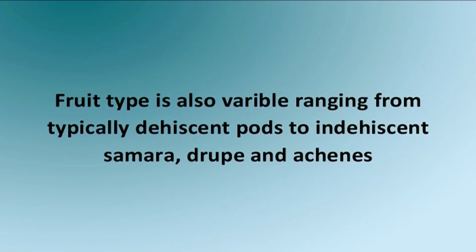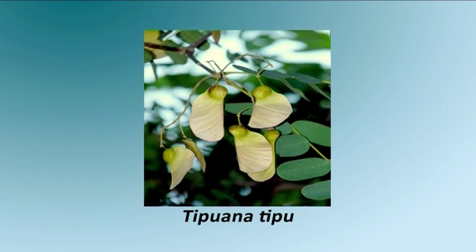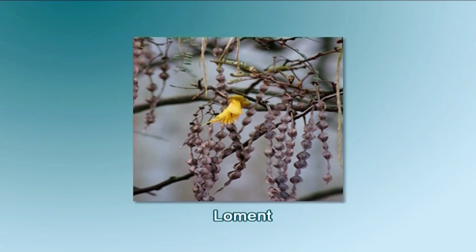Fruit type is also variable, ranging from typically dehiscent pods to indehiscent samara, drupe and achenes. Winged fruits and articulated lomenta with stick-tight dispersal strategies are also known in this family.